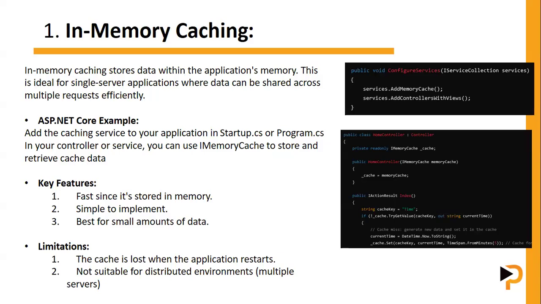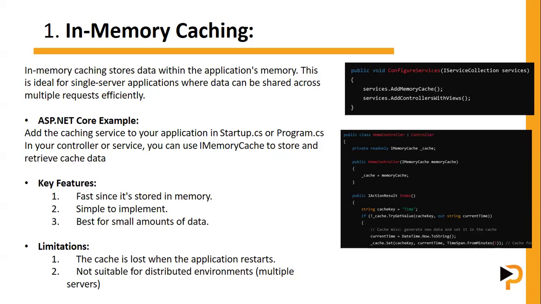In-memory caching stores data within the application's memory, which is ideal for single-server applications where the data can be shared efficiently across multiple requests. Now, there is an ASP.NET Core example. You just have to configure the caching service for your application in Startup.cs or Program.cs.